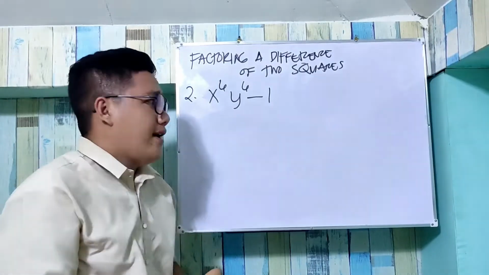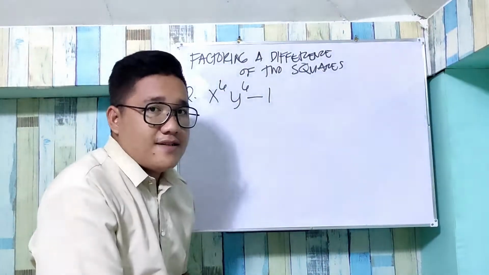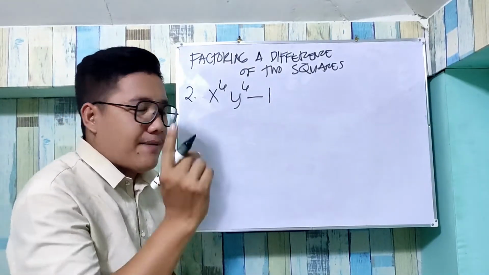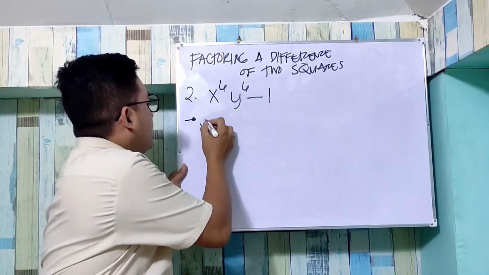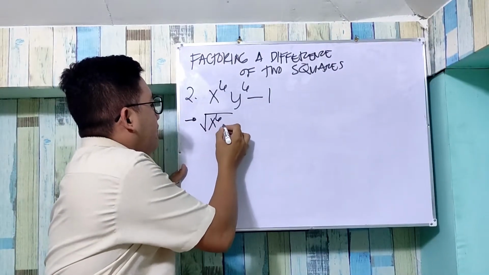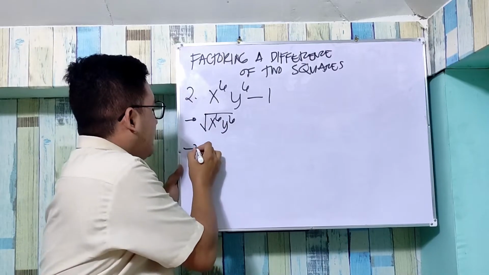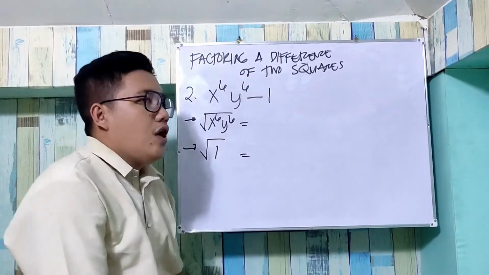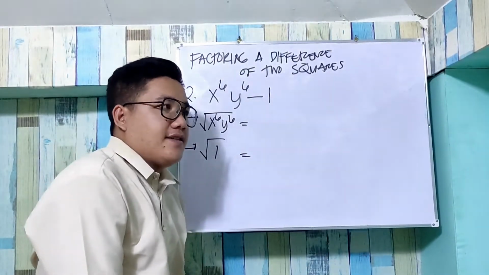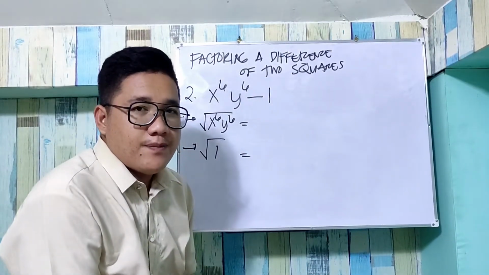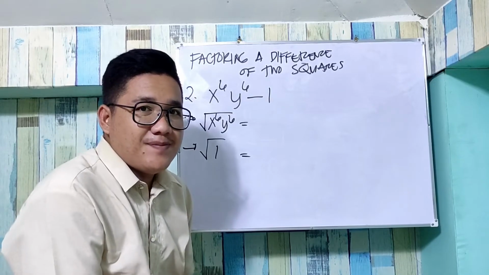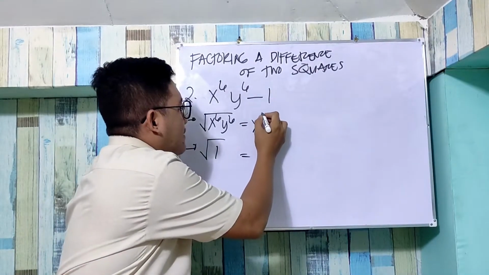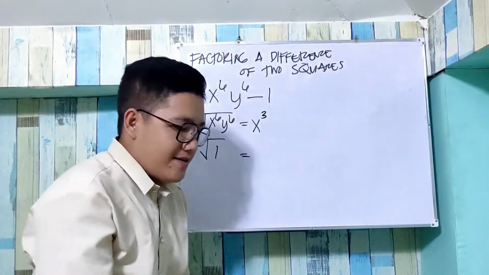So let us now factor x raised to 6 minus y raised to 6 minus 1. So first step, we're going to get the square root of x raised to 6, y raised to 6, then square root of 1. What is the square root of x raised to 6? Okay, very good. That is x raised to 3. Why?